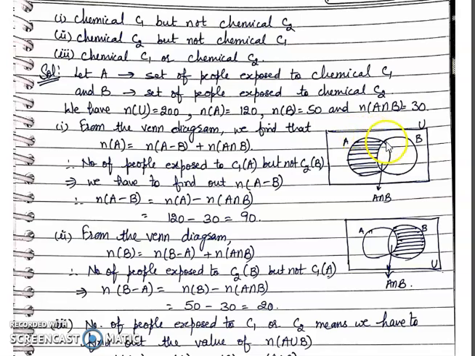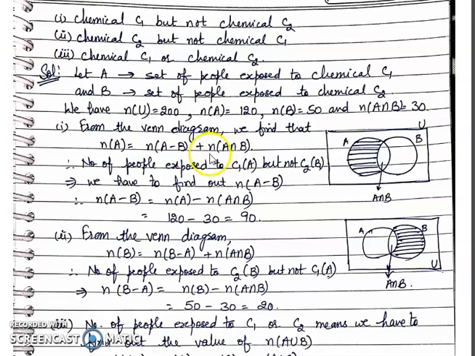So from this Venn diagram we see that this shaded portion is A minus B, meaning all the elements of A which are not in B. So from A we subtract B. So this is the shaded portion A minus B plus A intersection B. I hope it is clear to all of you.